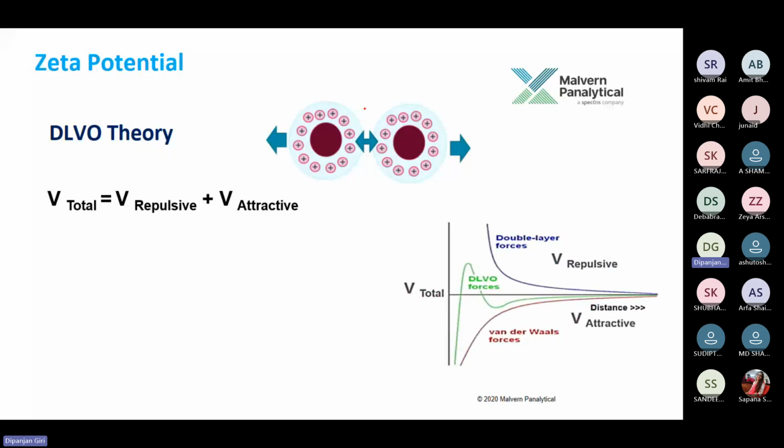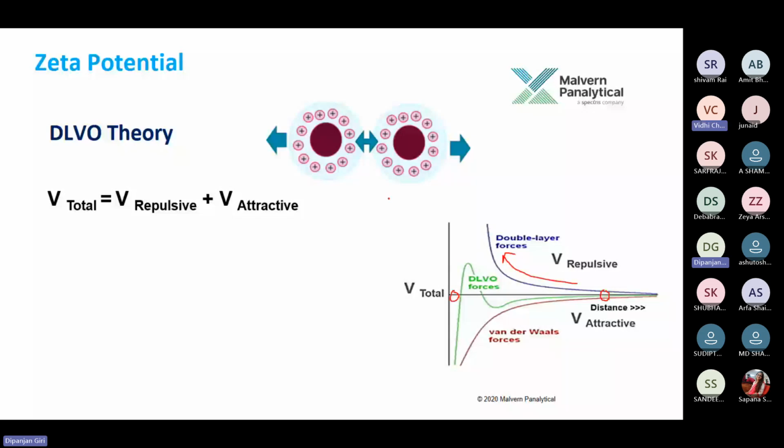This theory describes the distance between the particles and the potential difference between them. If you have two particles of the same charge, positive and positive, they will repel, right? If you decrease the distance between them and both have the same positive charge, they will repel like this, and it is called V repulsive.